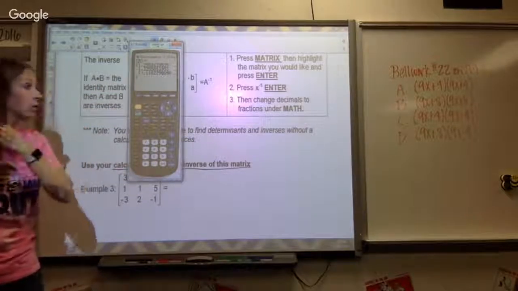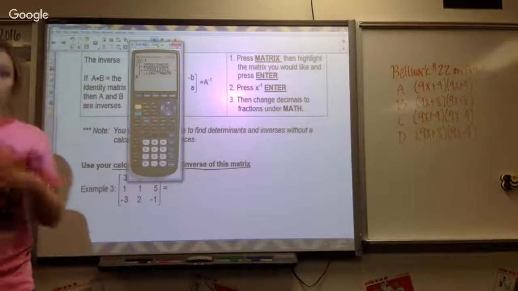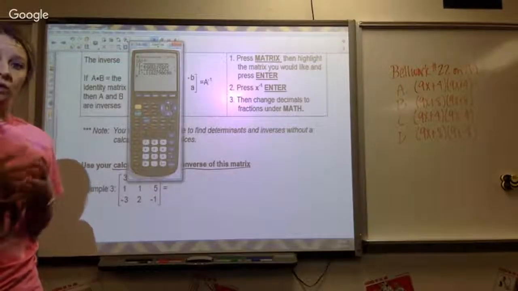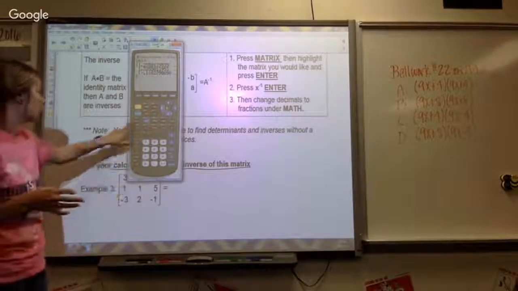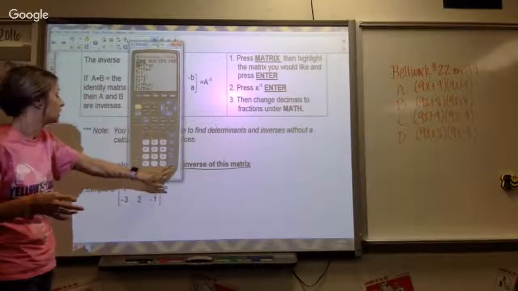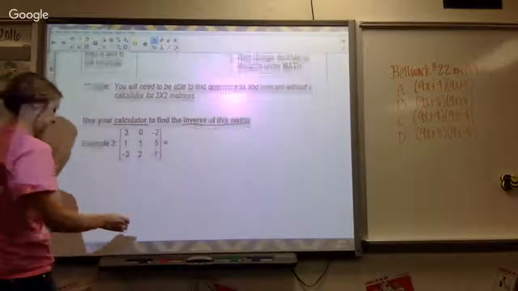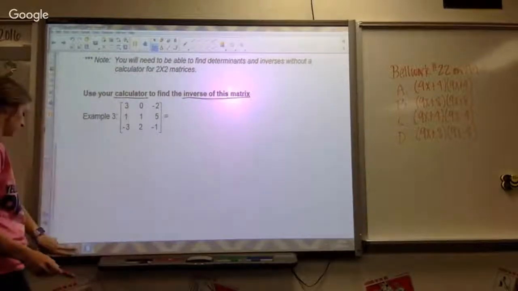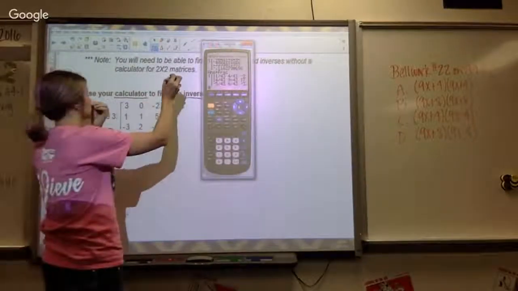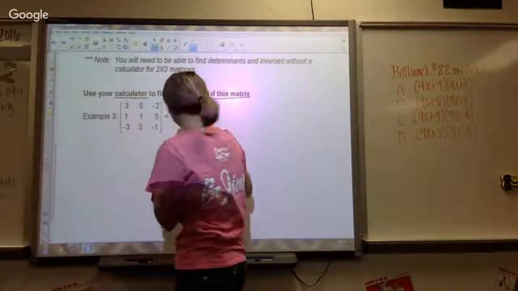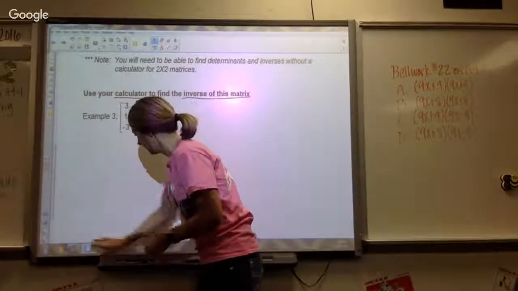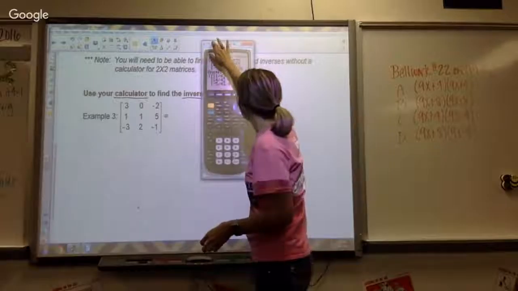Now notice that you get lots of decimals here. I want your answers in fractions. So once you find that matrix, you can go to math, fraction, press enter, and then it finds your fractions for you. Get this calculator moved over here.